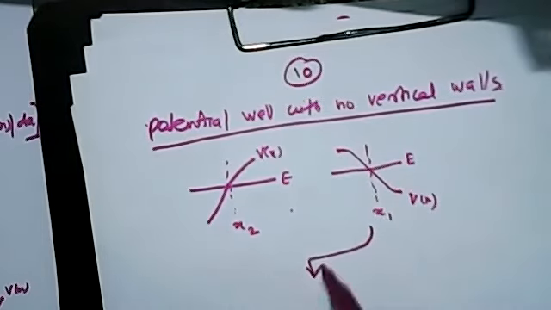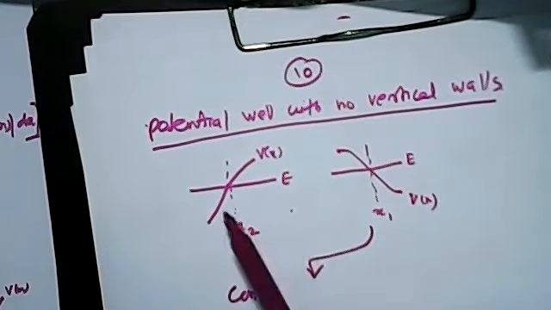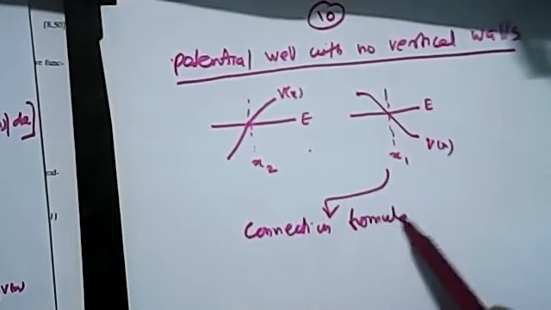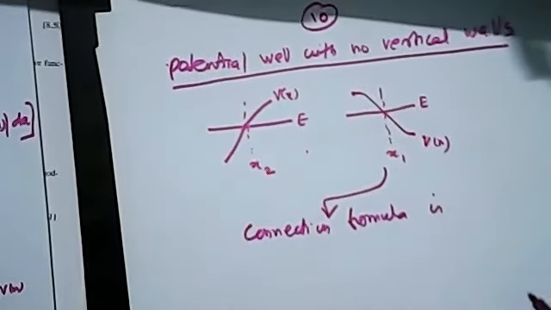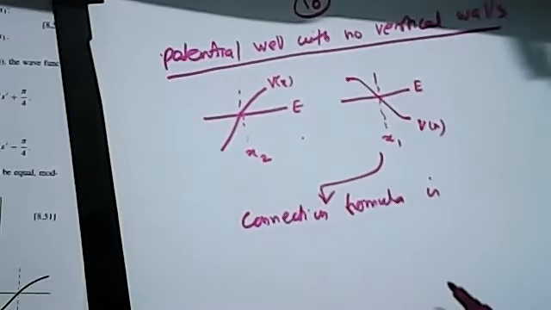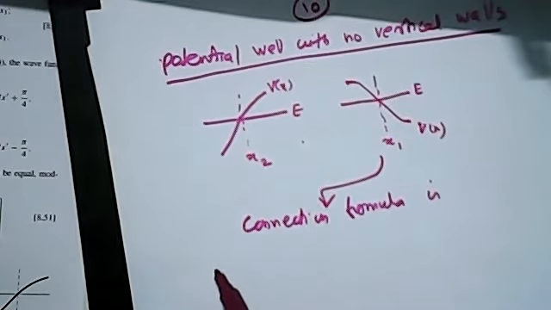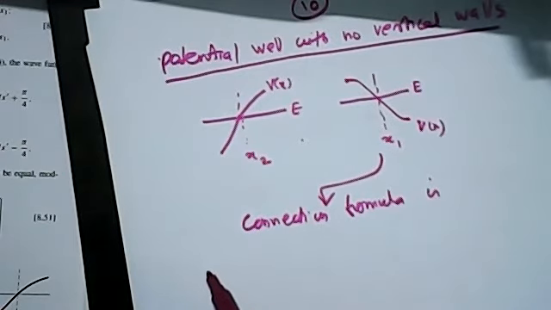In the second case, that is the negative slope case, the connection formula is, instead of constant amplitude D, we can use D prime.